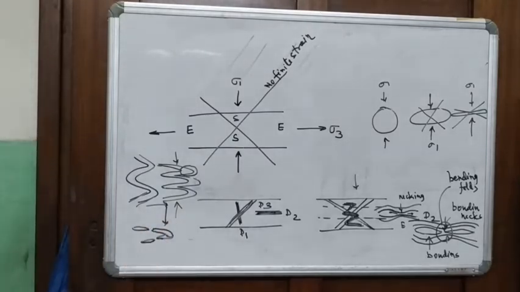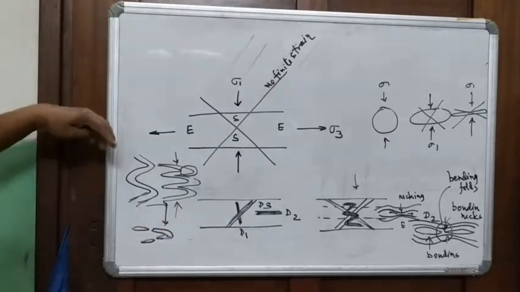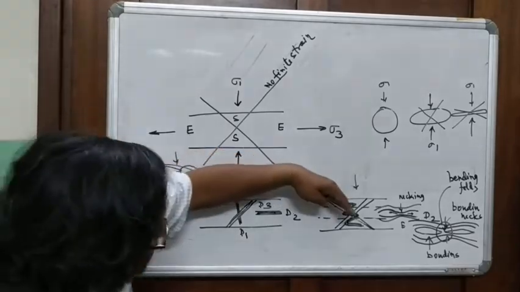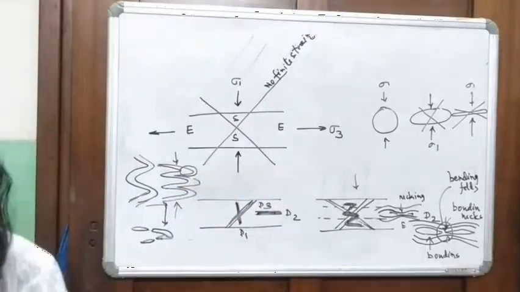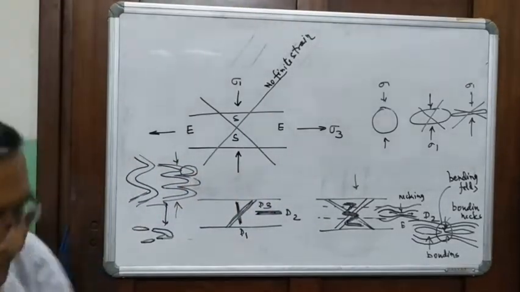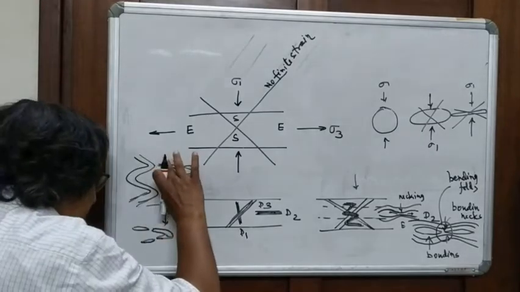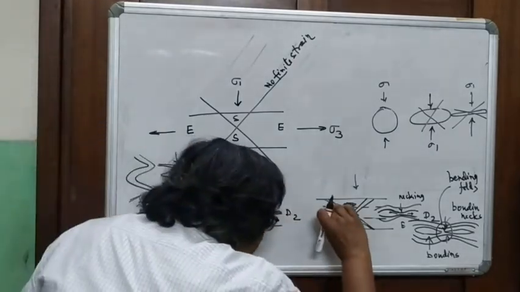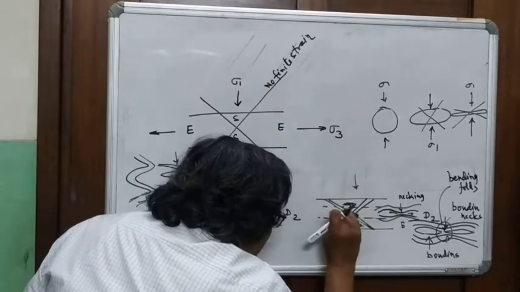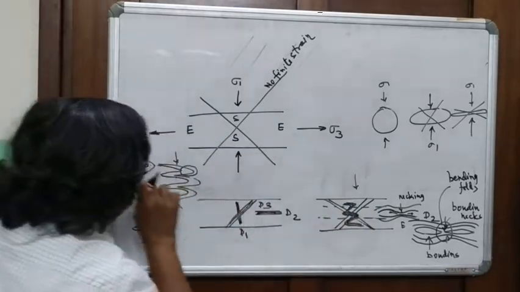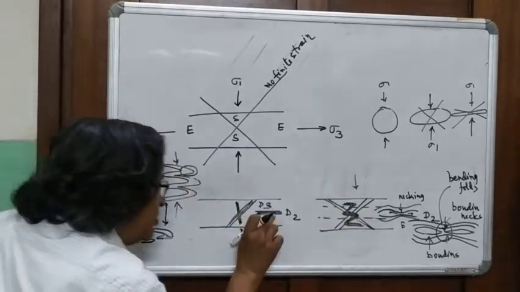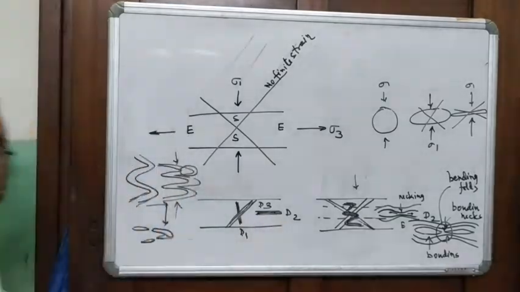So what is happening? Initially, the fold limbs are at this angle, which is within the shortening field, so it continues to shorten. But when the intensity becomes so high that it becomes oriented parallel to this, then these limbs and these hinges start to behave like D2. Do you understand? So what happens?